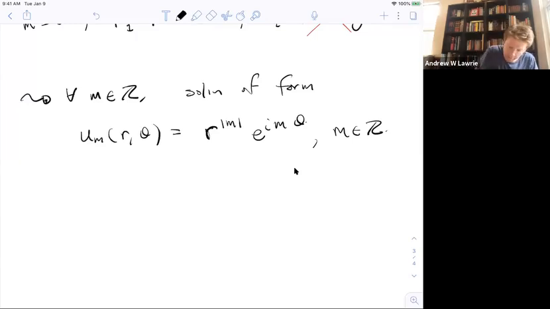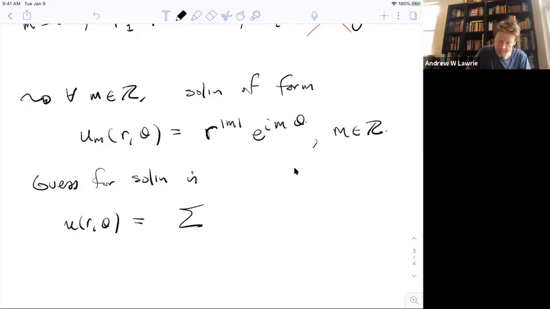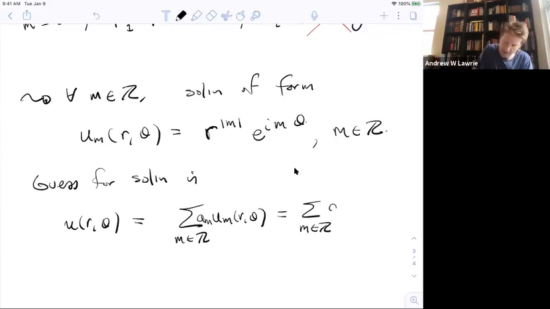So our guess for a solution is we'll take an infinite sum of these with coefficients, summing over all m in Z of u_m of r, theta, which is the sum over all m in Z of, sorry, let me call these a_m, times r to the absolute value of m times e to the i m theta.